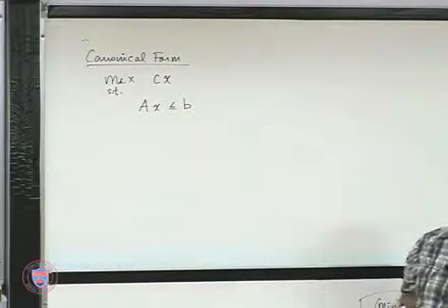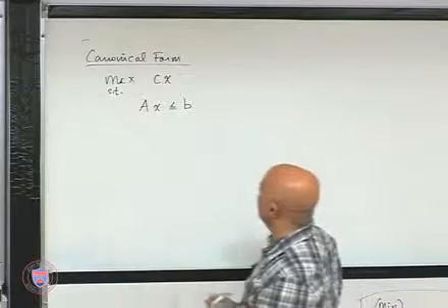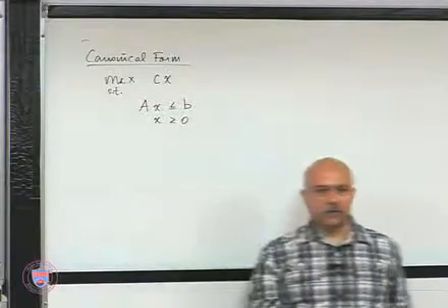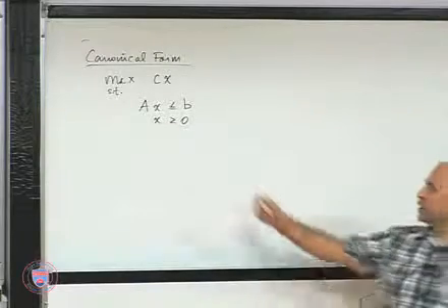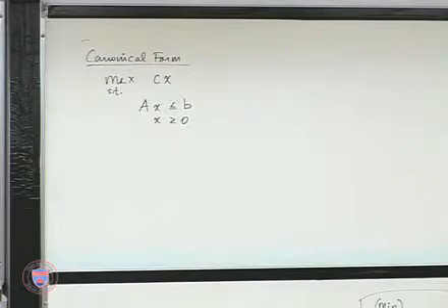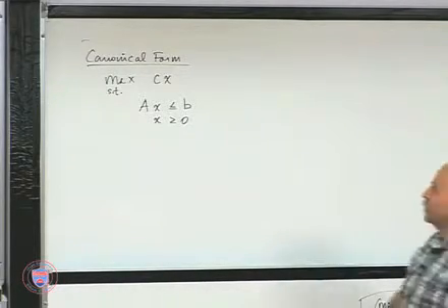This is the canonical form maximization, with x being greater or equal to 0 in each component. So 0 is a vector of zeros here, of the appropriate, conformable size with x.